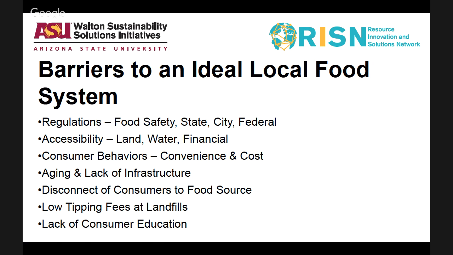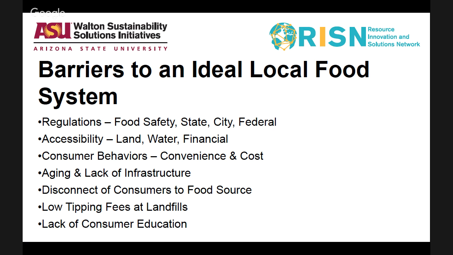And then another big one was consumer behavior. There's very much a culture of convenience and cost in the valley, lowest cost versus highest quality. And so that puts a lot of pressure on grocery stores and others as to what kind of food they carry. And then infrastructure, aging infrastructure, as well as things that are a cross between the business world and regulatory, like tipping fees at landfills.